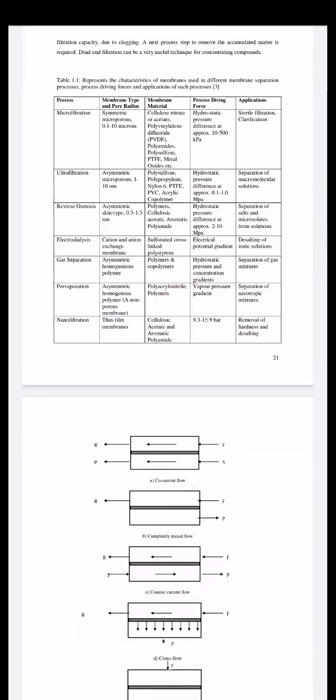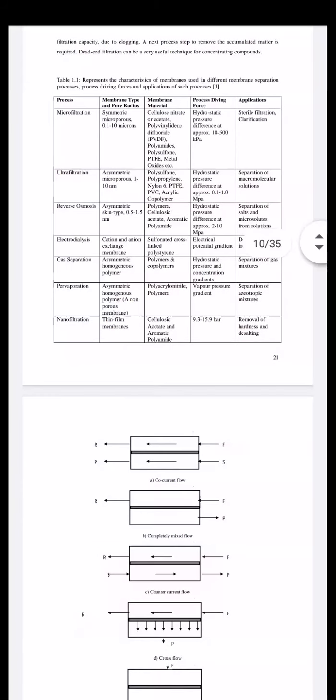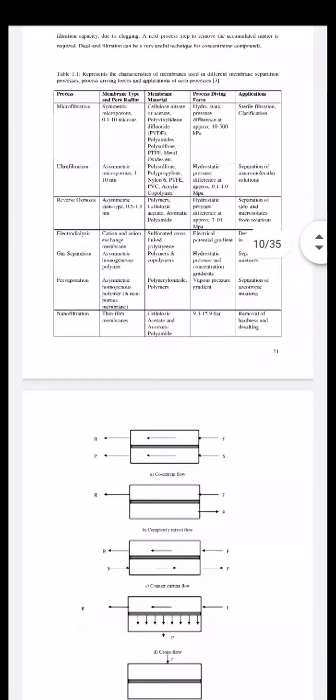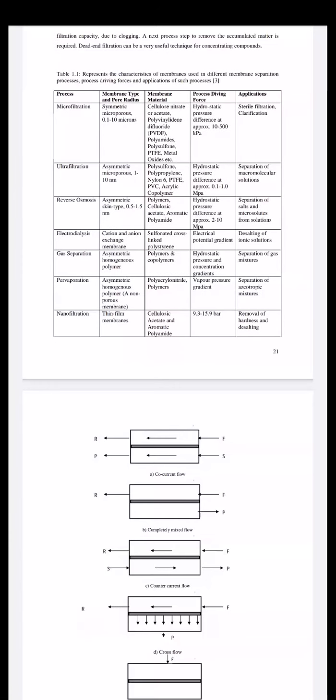As far as microfiltration is concerned, let me tell you the membrane type used for such an advanced separation process technique is symmetrical and microporous, where the pore radius is 0.1 to 10 microns.